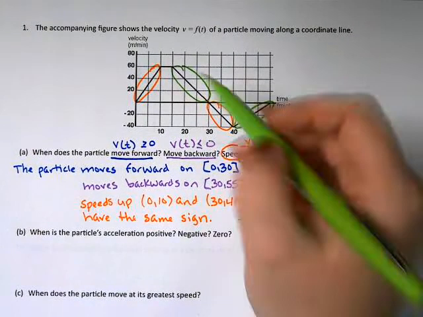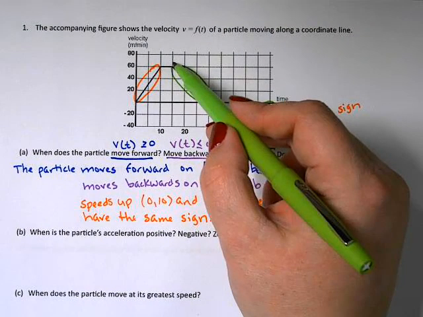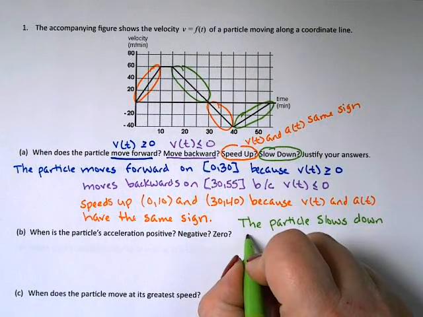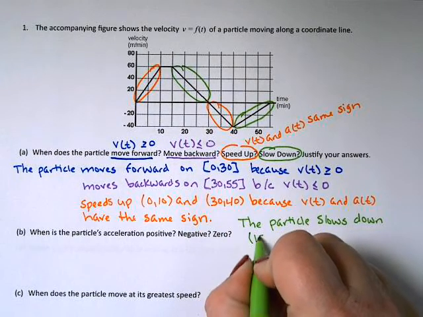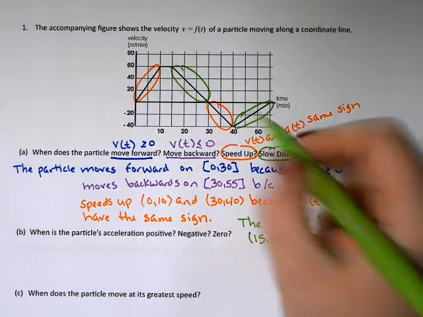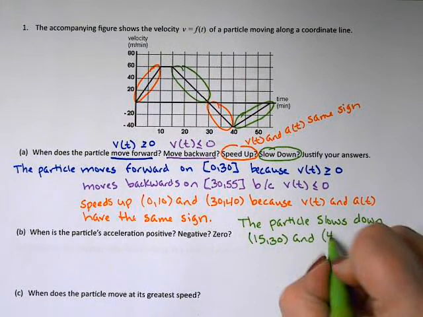So we're slowing down from, let's see, what is that? Is that 15? Yeah, 15 to 30. And again from 40 to 55.